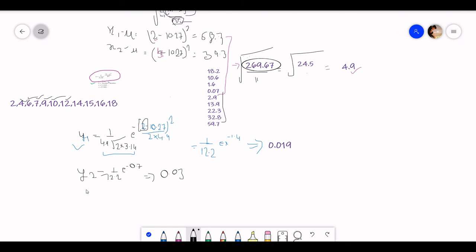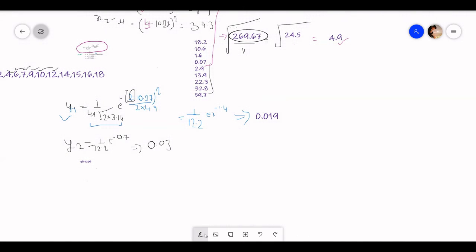Similarly, after solving these values, our y3 will be equal to 0.05. Now I'm not going to find all these values. You can solve this by yourself.